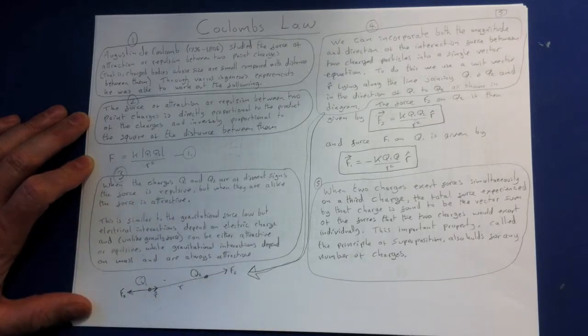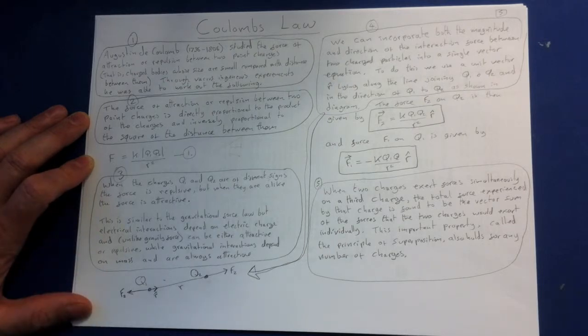This is similar to the gravitational force law, but electrical interactions depend on electric charge, and unlike gravity force, can be either attractive or repulsive. So that's the difference between Newton's inverse square law for gravity: in this case we've got mass.